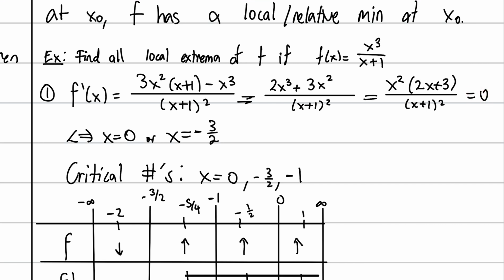Why? Well, either 0 or undefined, right? So we need to be careful there. Additionally, I wanted to leave this here so that you would note it's not just when it's 0, we also need x equal to -1. Why? Because that makes the denominator 0, right?